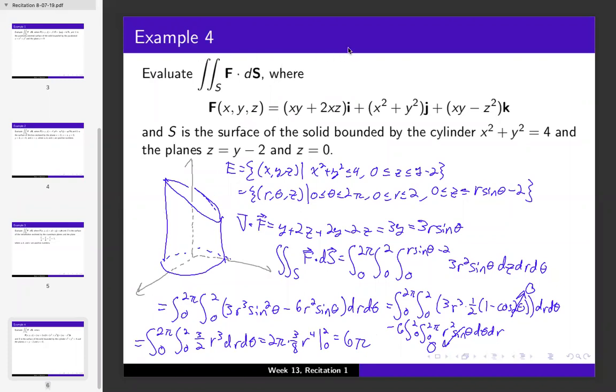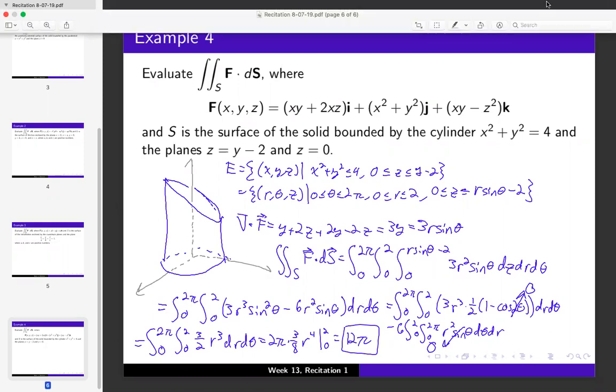So actually, I'm sorry, it's 12 pi. My mistake. That's the final answer. And again, yes, you can do this using the direct approach, but I think the divergence theorem is a lot easier in this case.